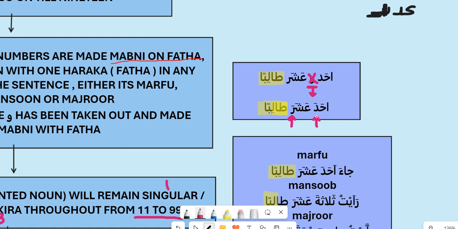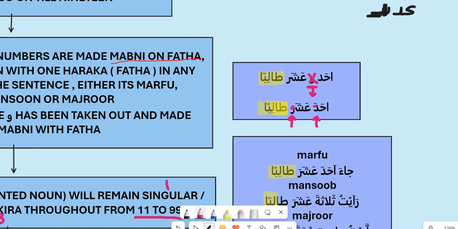For example, ahada ashara, ithna ashara, thalatha wa ashara, and arba wa ashara. All the numbers from 11 to 19 now become mabni on fatha. You will see the fatha mabni throughout. So this is the rule for the structure of 11 to 19.